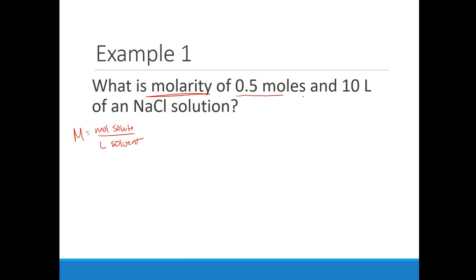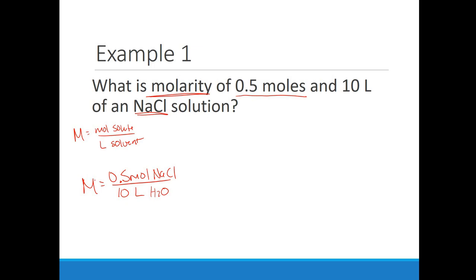We know we have 0.5 moles of NaCl that we're putting in the solution, and then we have 10 liters. Since it doesn't tell us what the 10 liters are, we're going to assume it's water, which makes sense, because most of the time when you make a salt solution, you're making it with water.